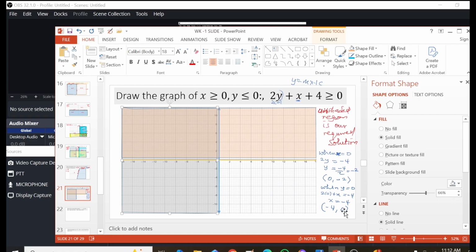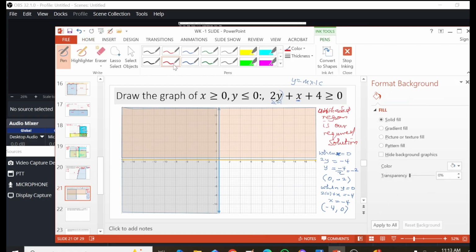Now here we can use our coordinate points to get this line. So 0, minus 2. Minus 2 is here. When x is equal to 0, y is minus 2. When x is equal to minus 4, y is equal to 0.